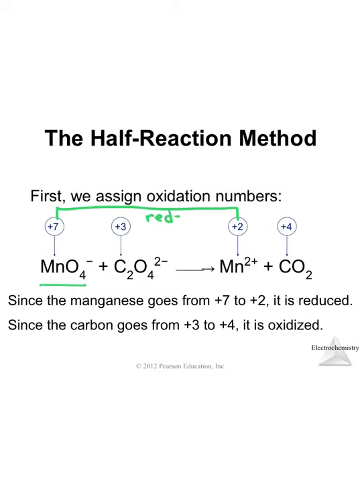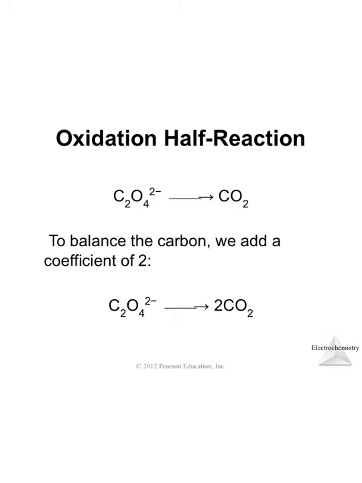And then the carbon goes from +3 to +4, so that is going to be an oxidation. So what we're going to do is split those up into 2 things. So we're going to take the manganese and put it in one, and we're going to put the carbon and put it in second. So this is our half reaction for our oxidation.